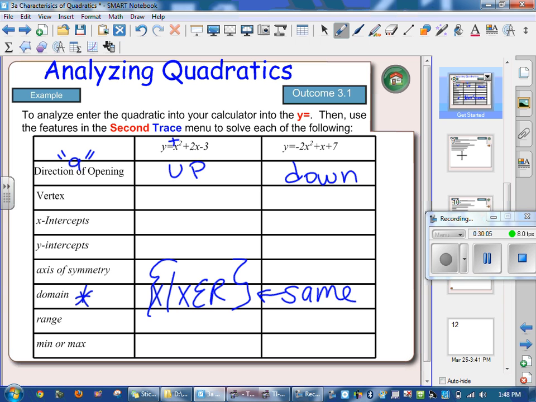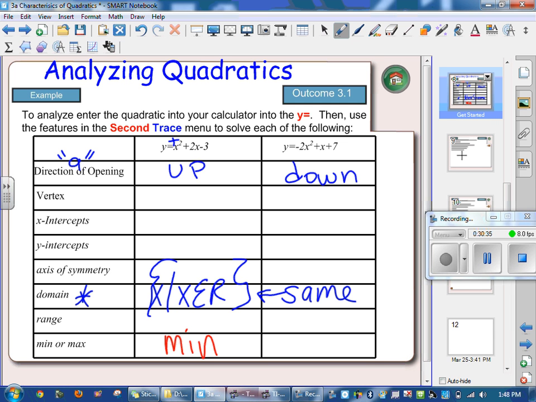Okay, so now we're going to take a look. It says minimum or maximum point. Remember, we know that already by whether or not it's going up or down. If it's going to go up, do I have a min or max point? A minimum point. So this guy here is going to have a minimum point because he's going up. The one over there, because he's going down, is going to have a maximum point. That tells us something about our range right away.